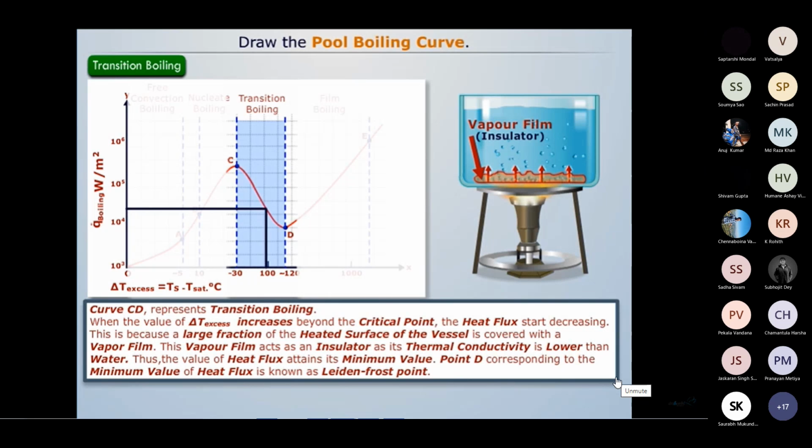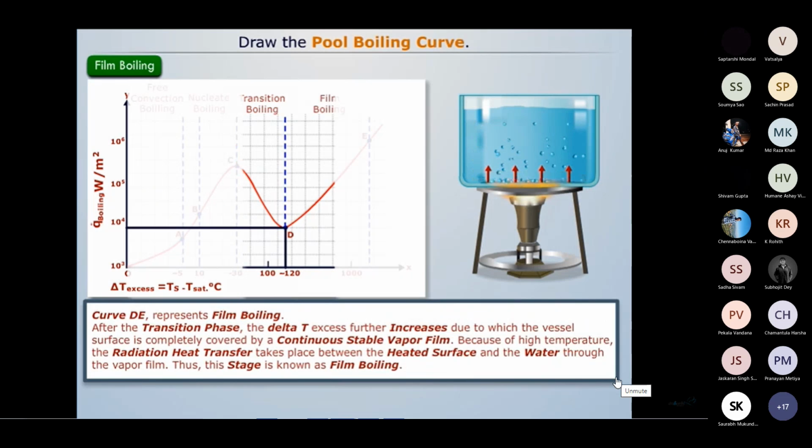Thus, the value of heat flux attains its minimum value. Point D, corresponding to the minimum value of heat flux, is known as the Leidenfrost point. In curve CD, both nucleate and film boiling take place partially. Thus, this stage is known as transition boiling.